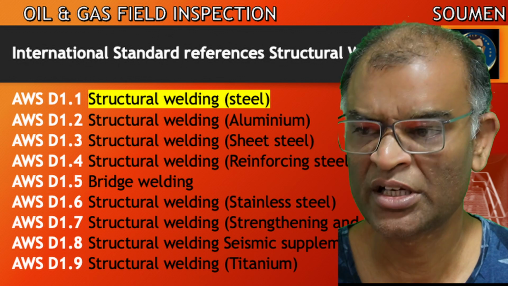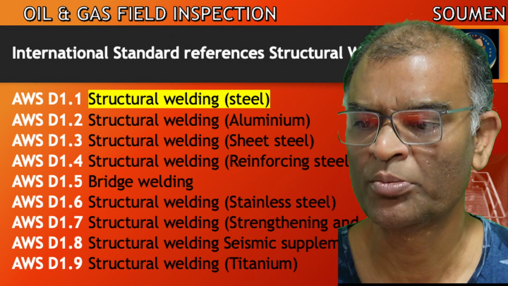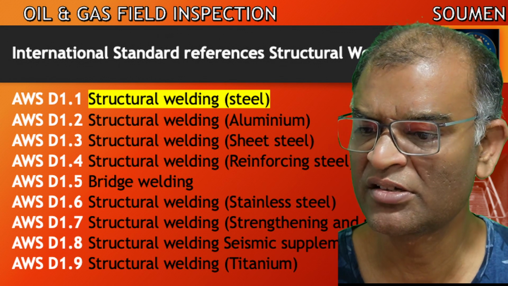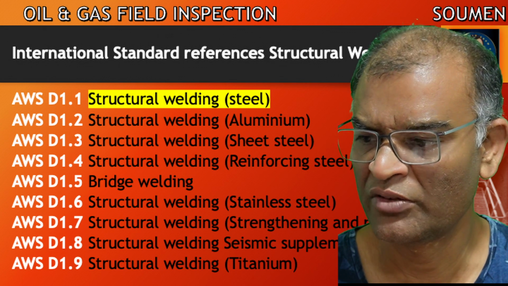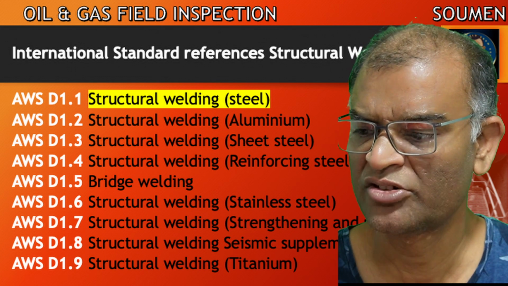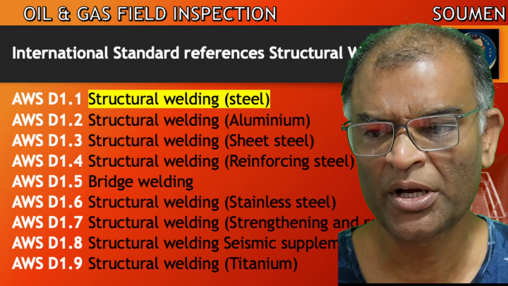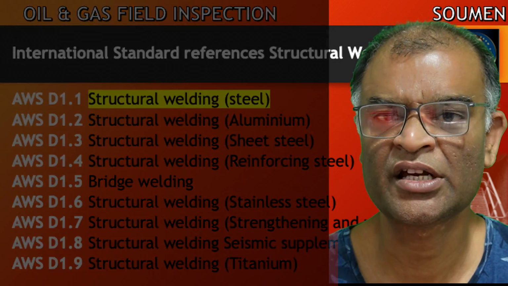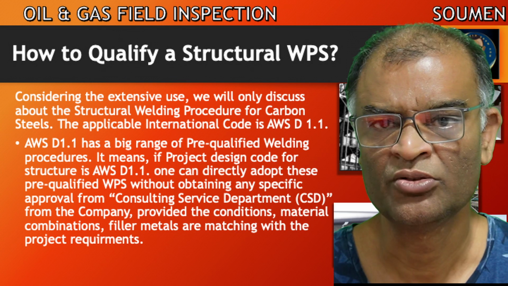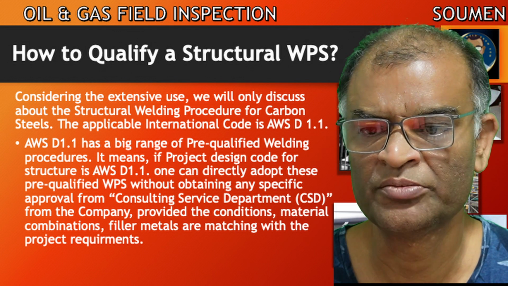AWS D1.1 is structural welding of steel, D1.2 is structural welding of aluminium, D1.3 is for sheet steel, D1.4 for reinforcement steel, D1.5 for bridge welding, D1.6 stainless steel and so on. But here we will be discussing the structural welding of steel, which is AWS D1.1.